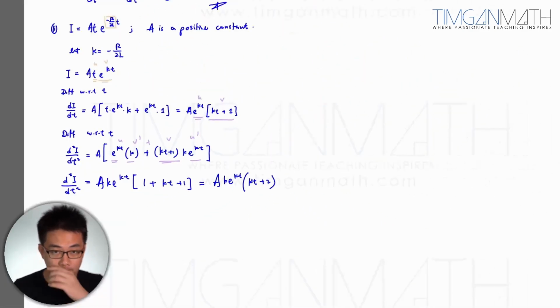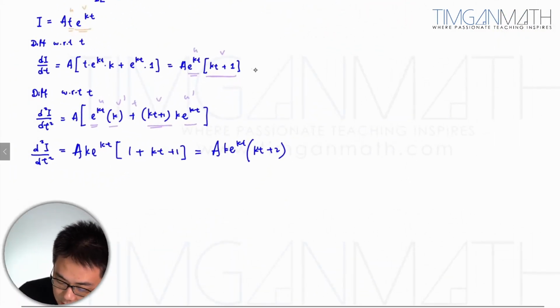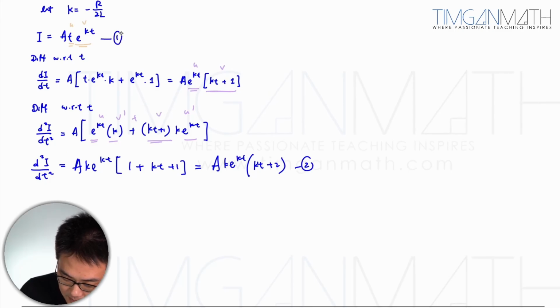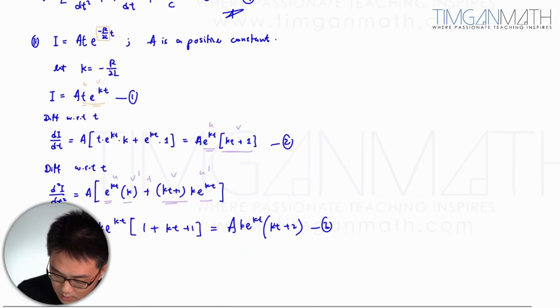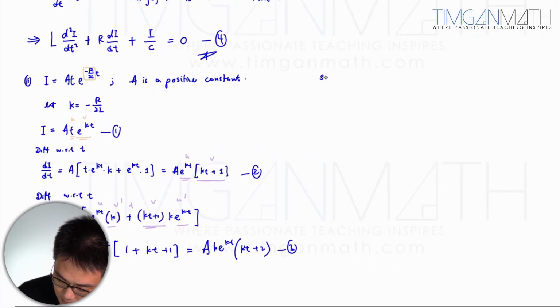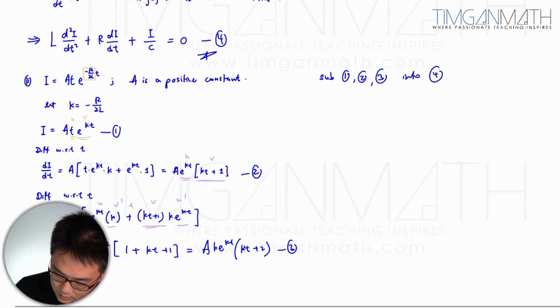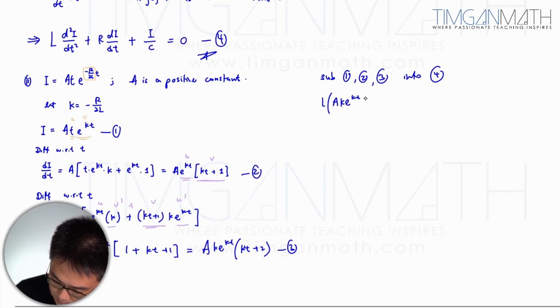Just slowly do it. Now once we have these two expressions here, I'm going to replace. Actually 1 should be here, and 3. Because it's a solution, just sub into the equation there. So sub 1, 2, 3 into 4. I'm just going to try and solve this part here. L will just be a k e^kt (kt + 2).